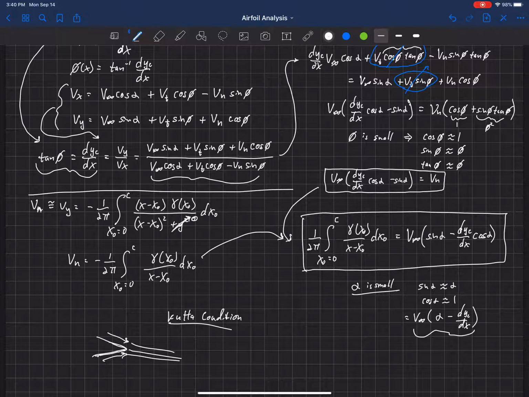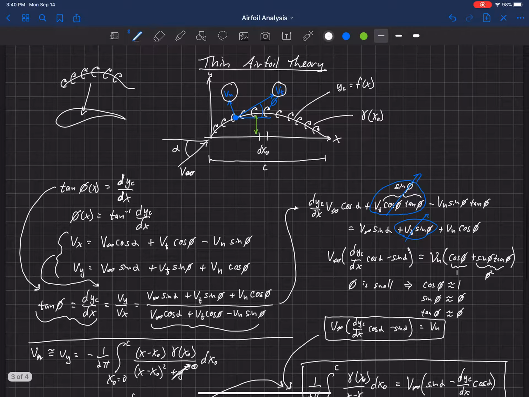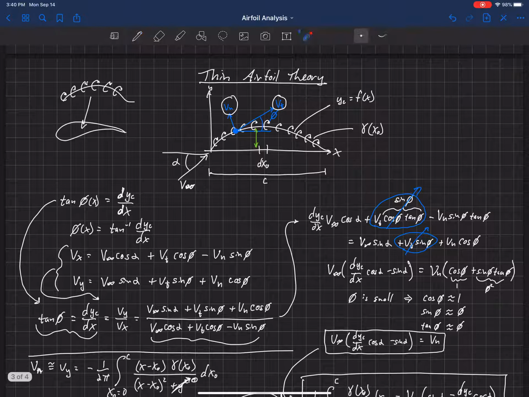And for that to be true, now we've learned that over a vortex sheet, if we come back up here to our drawing of the vortex sheet, we've learned that at any point here, as you move across a sheet, you'll have a step change in the tangential velocity that is equivalent to the strength of that sheet. So we covered that in a previous video, that the step change here is equivalent to the strength of that vortex sheet.